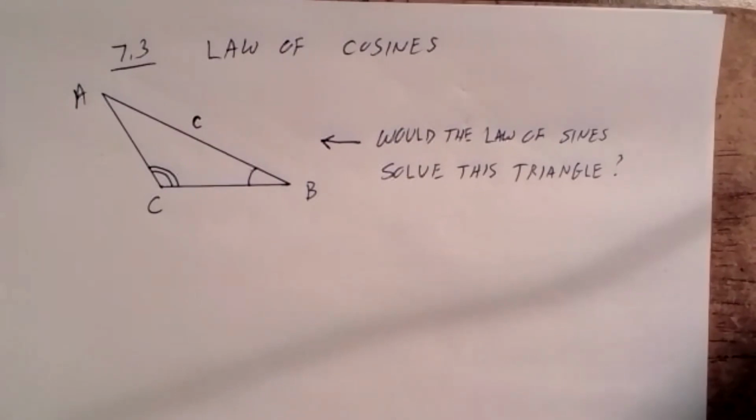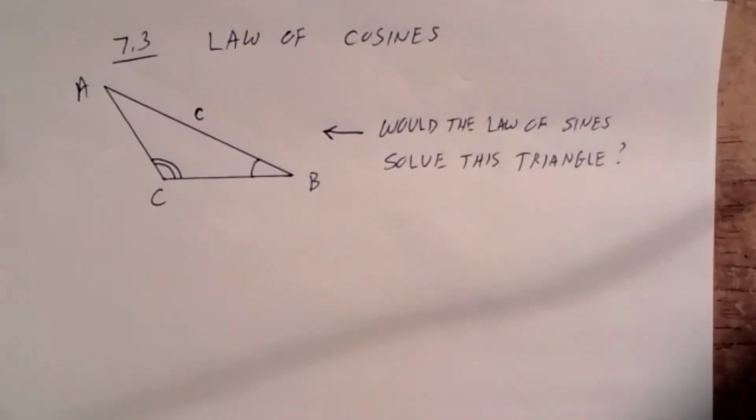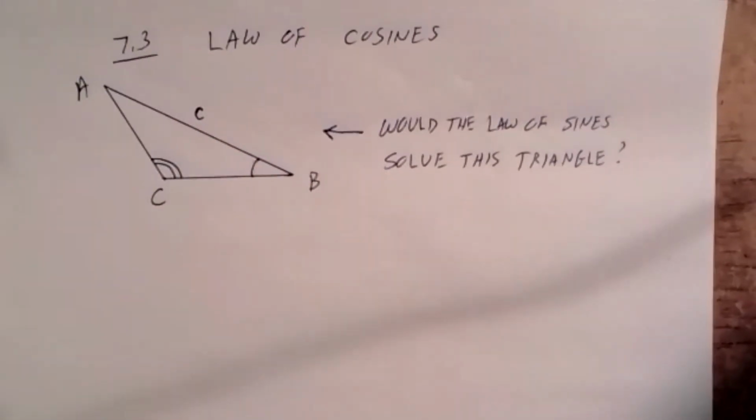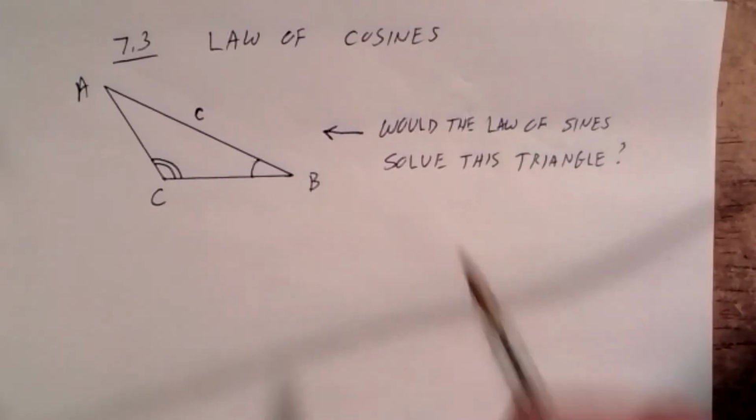Anybody think that's enough information using the law of sines, or anything else we've learned in this course? This is all I know: angle B, angle C, and side C. Sean, do you think that'd be enough information to solve this triangle using the law of sines? I don't think so. You don't think so?